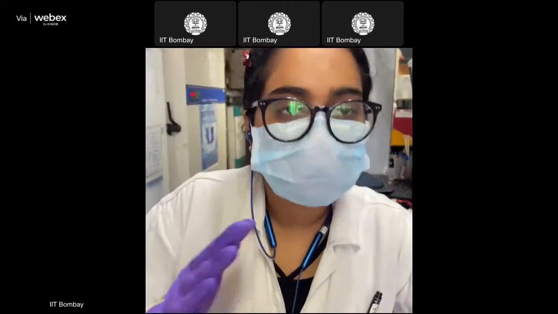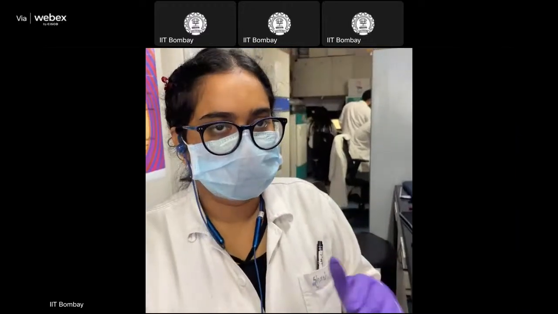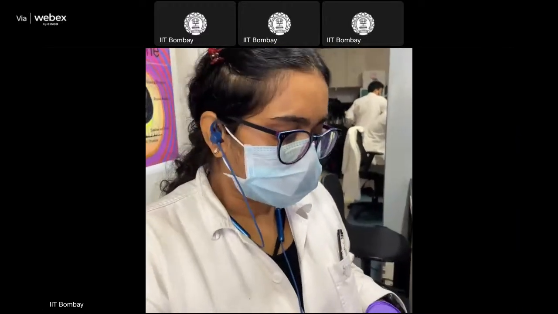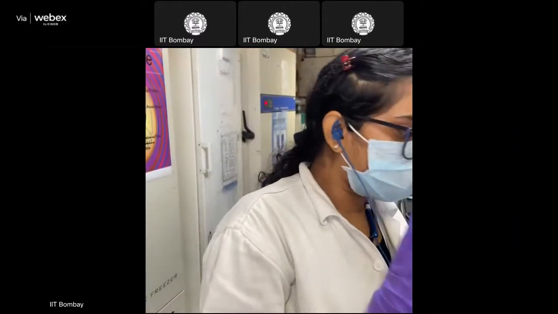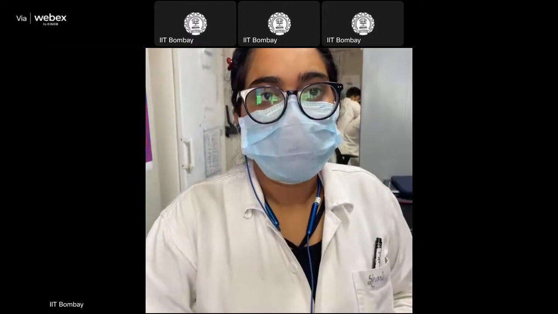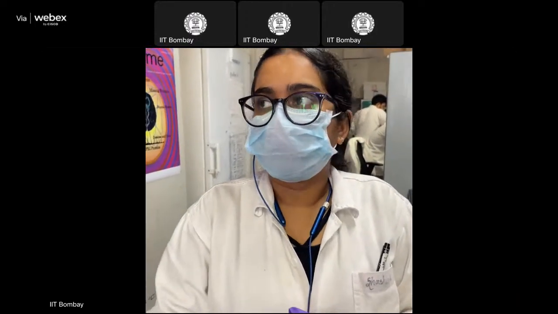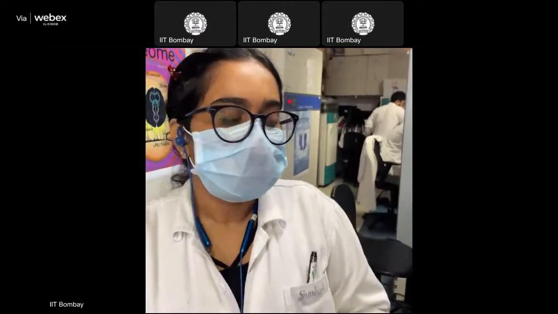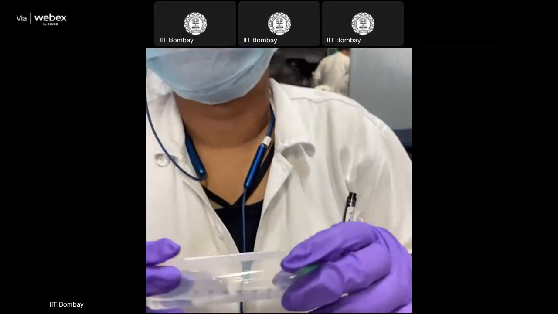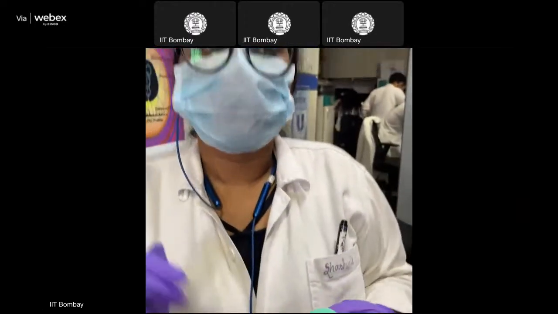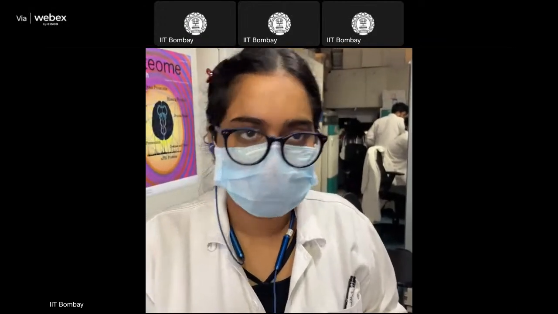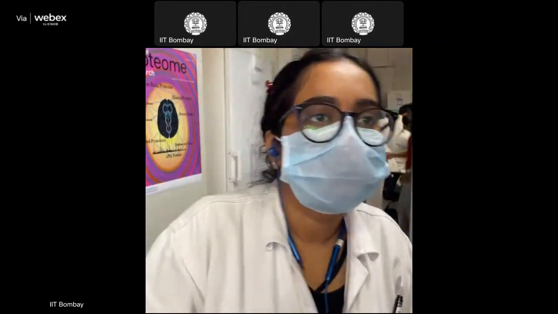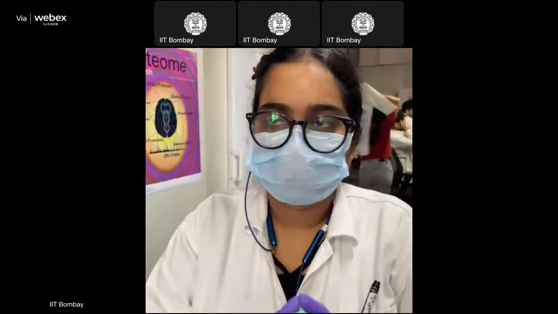After 15 to 20 minutes of the IAA step, the most important thing is to check the pH of the sample, because trypsin can digest only at a certain pH. With the help of buffer B, which is at pH 8, we need to measure the pH of the sample before adding the trypsin, because trypsin can only act at pH 8.